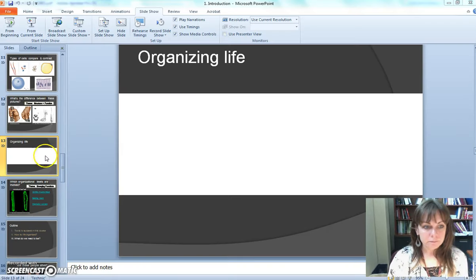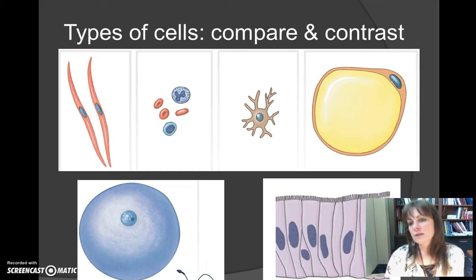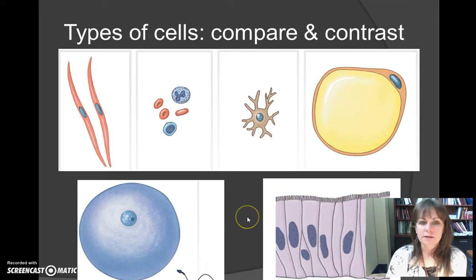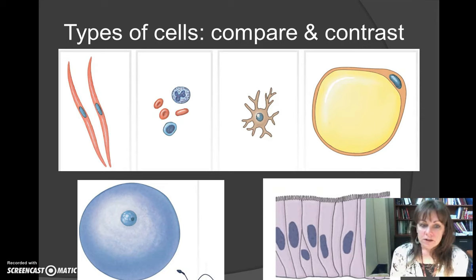Now, there should be some examples of different types of cells here. Okay, and I've got this picture. Every single one of these is a cell, and you look at this picture and you could ask yourself, well, what's similar, what's different about these things? Well, one of the things my students always notice is there's a real difference in size.